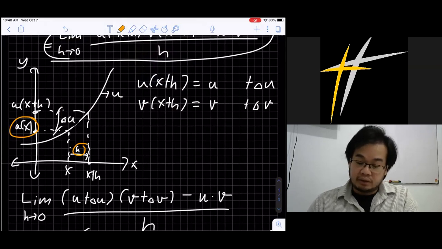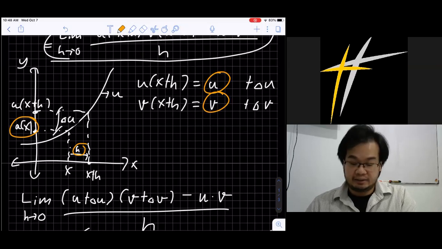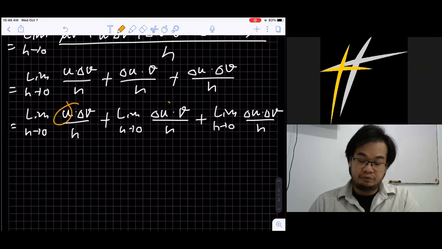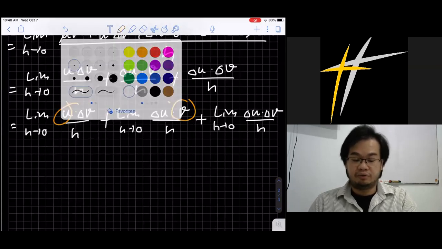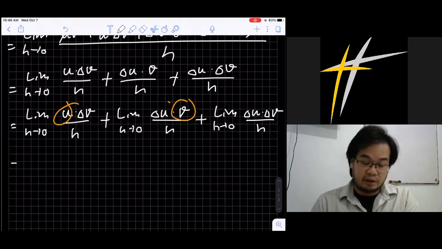So it means that the value of u and the value of phi do not depend on the value of h, so they are not affected by the value of h. So it means they can go to the front of the limit.